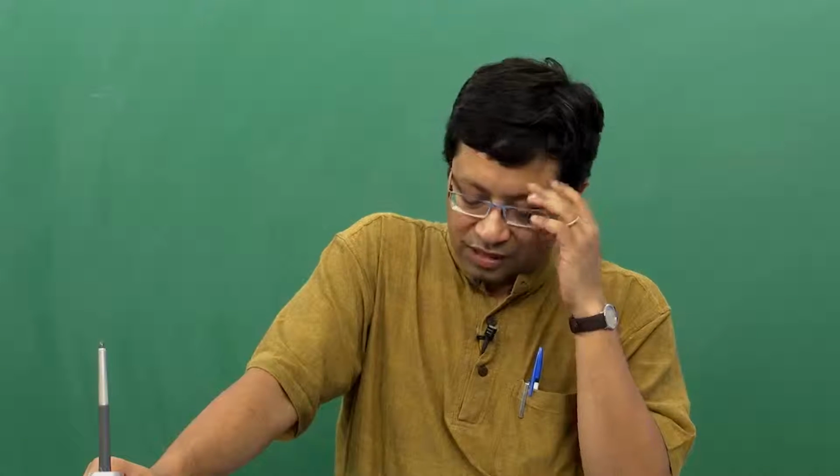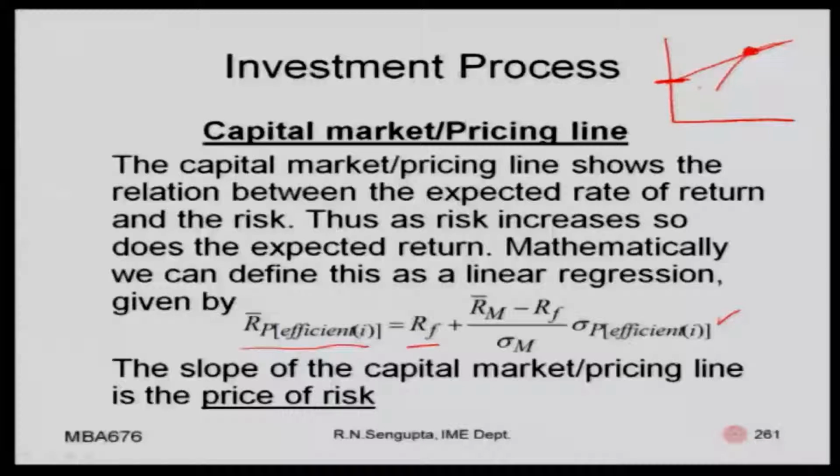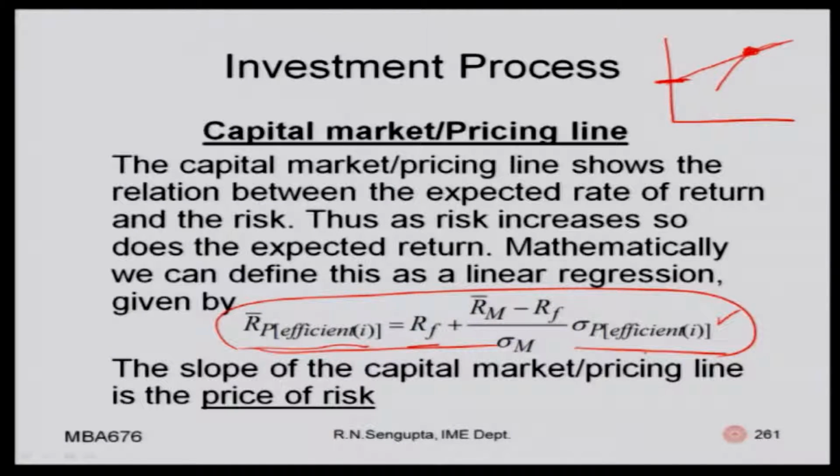And we will consider the single index model when converted to the CAPM model, and try to find a similarity between the capital market line and the pricing line, where the equation is given such that the return of the portfolio or the efficient asset is given by two terms.